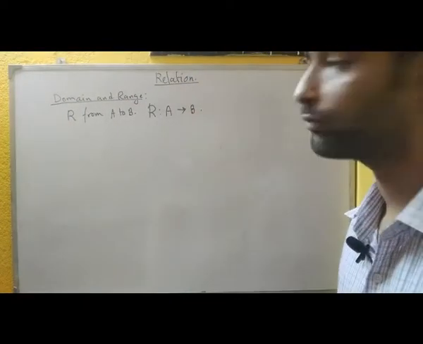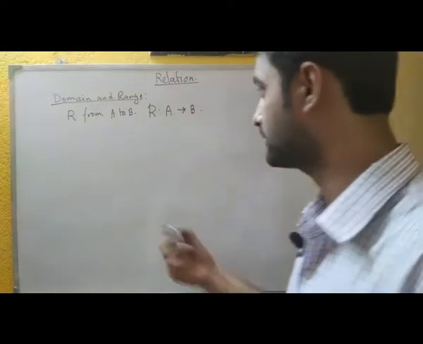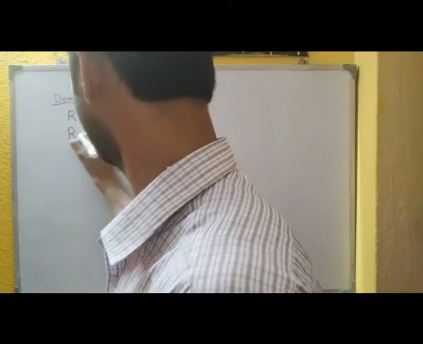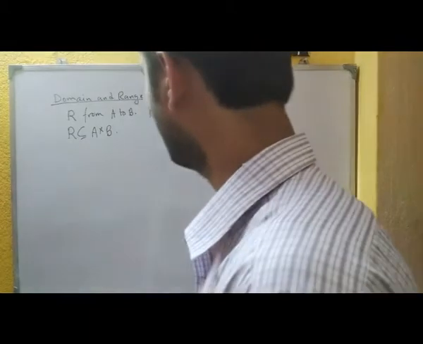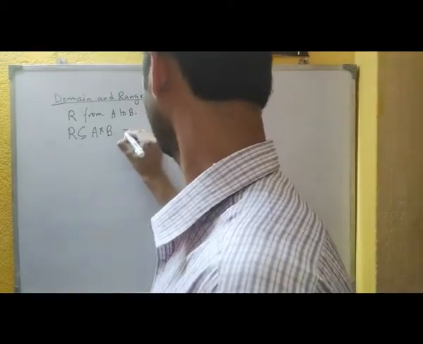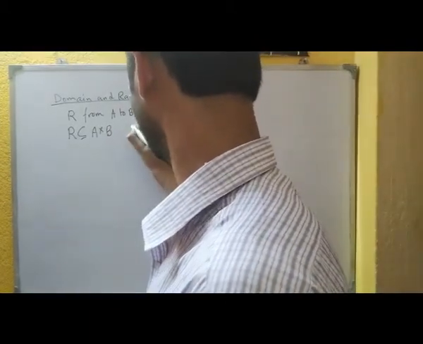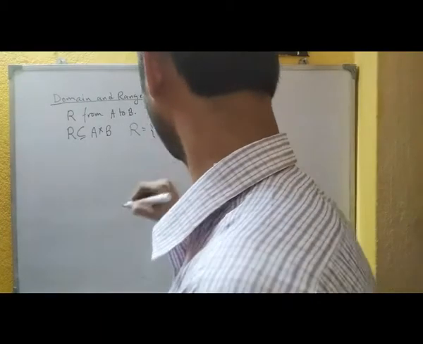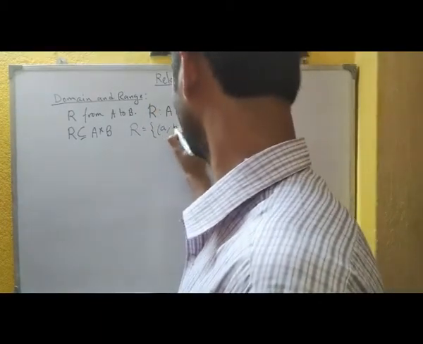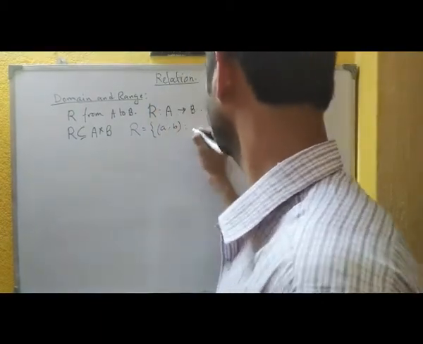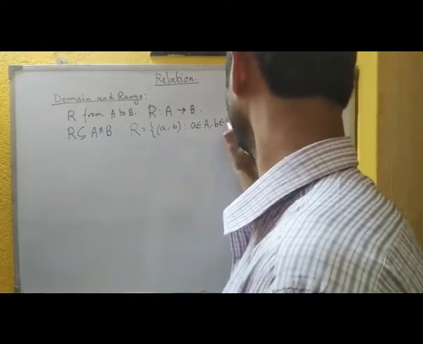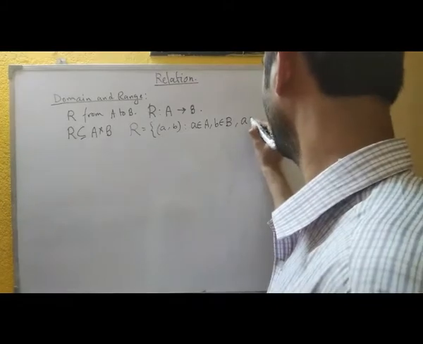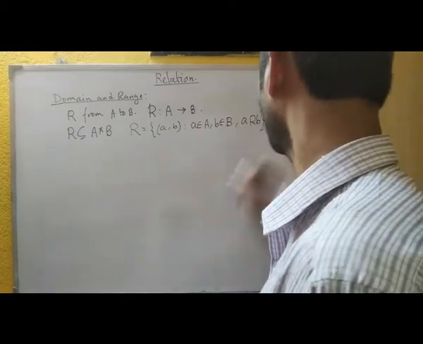R is a relation from A to B, and we know that it is a subset of A cross B. And it can be written in set builder form like this. It is a collection of all (a, b) such that a belongs to A, b belongs to B, and a is related to b.